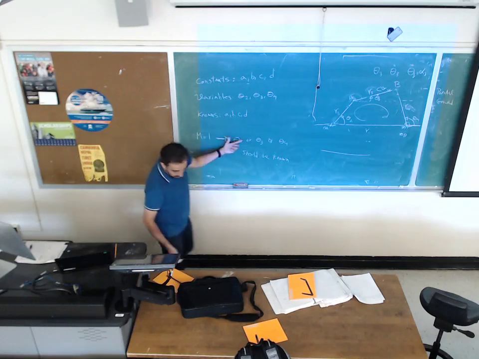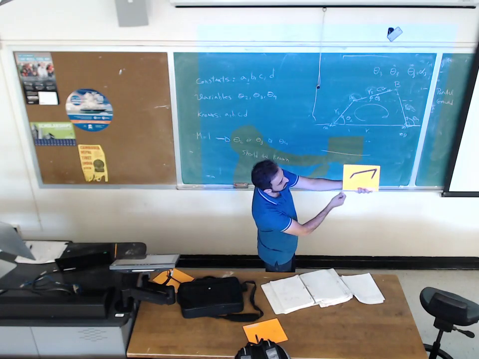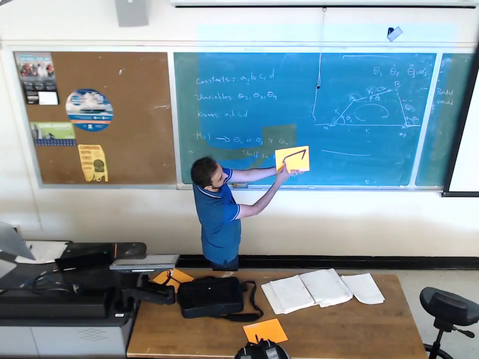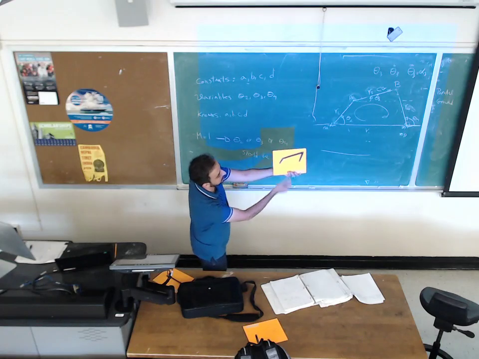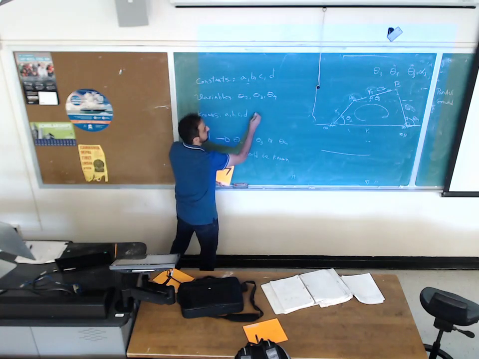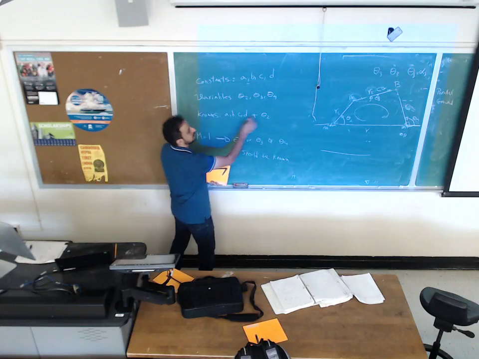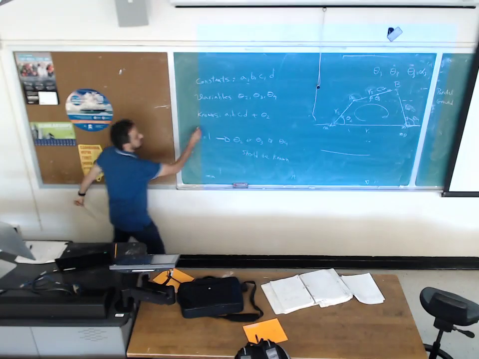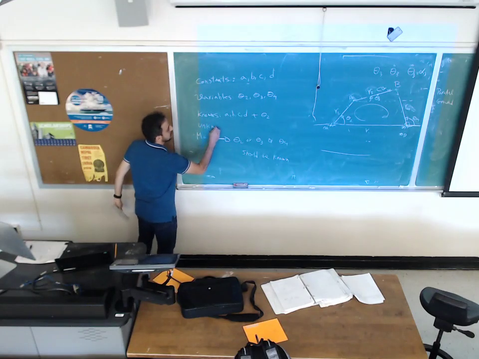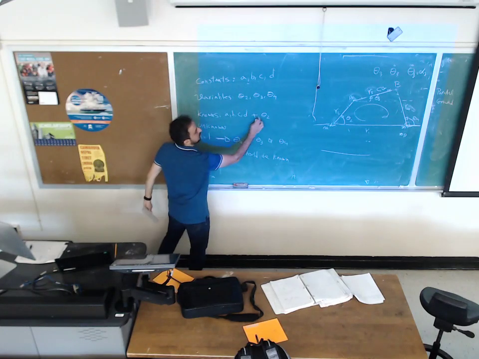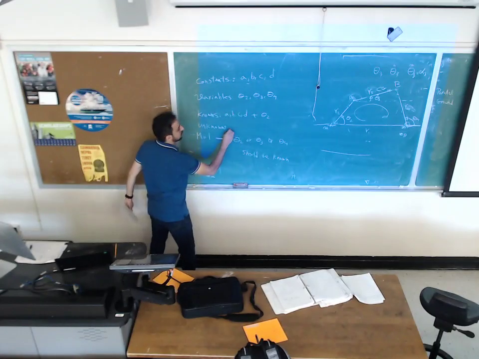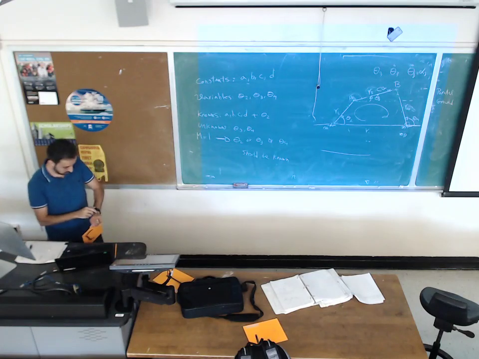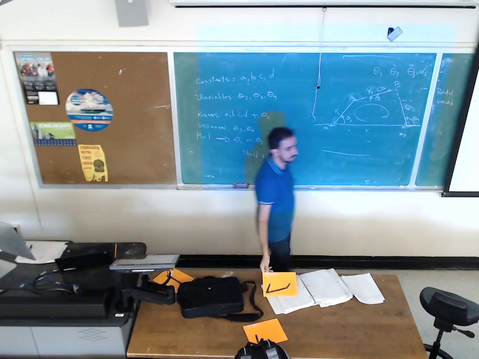So usually theta 2 is given in this type of problem because you would like to locate the mechanism when this input link is at a specified angle, theta 2 equals 10. I'm just writing theta 2, but it doesn't necessarily have to be theta 2. It can be theta 3 or theta 4. So we solve for unknowns. Unknowns are, we remove this from here, we are solving for the other 2, theta 3 and theta 4. Good?